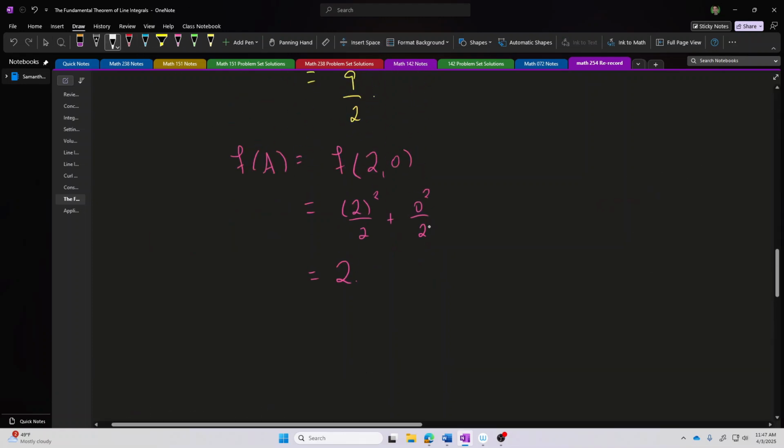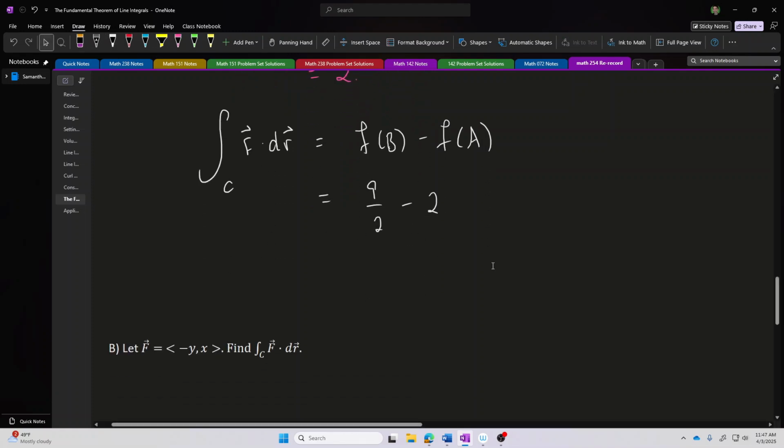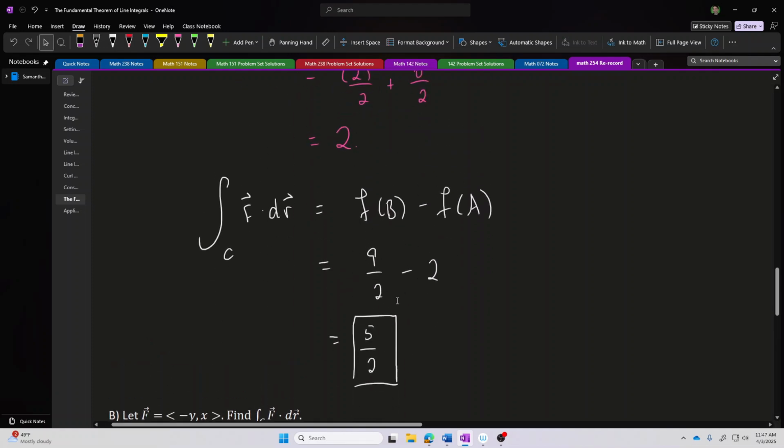Finally, to finish the calculation of the line integral of this vector field, all I have to do is subtract the values of the potential function at B and the potential function at A, and I get 9 over 2 minus 2, which I think is 5/2. 5/2 is the value of this line integral. 5/2 is the same result that I would get if I calculated the value of this line integral using the original formula that we introduced a couple of lessons ago.